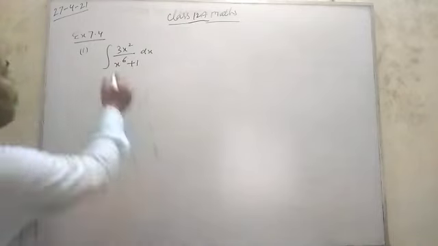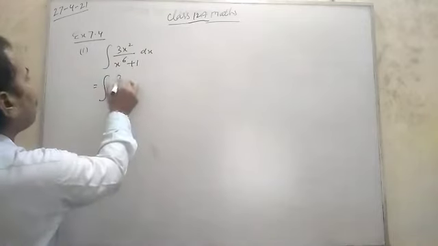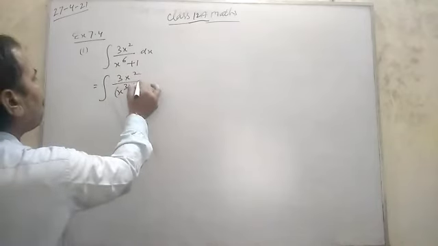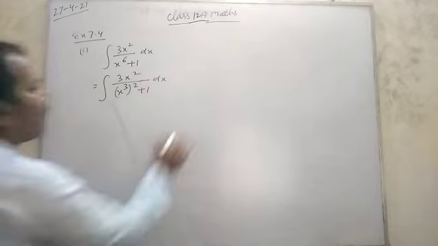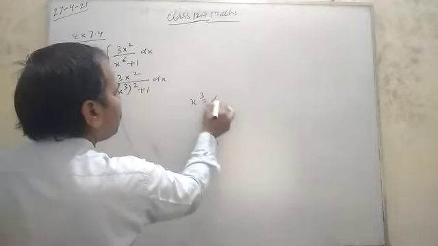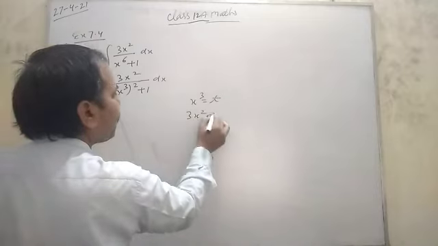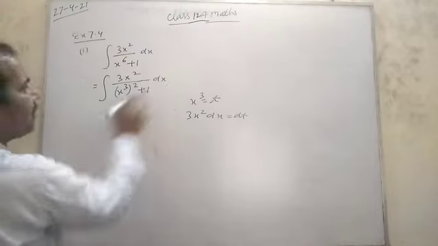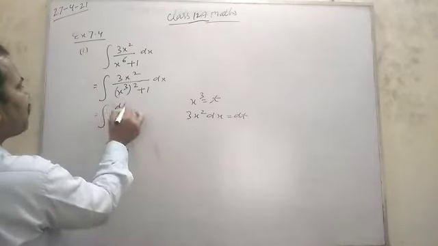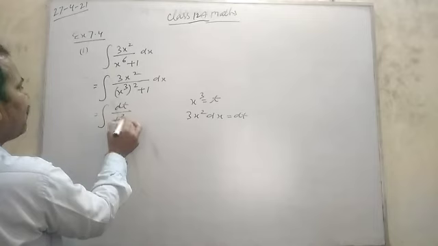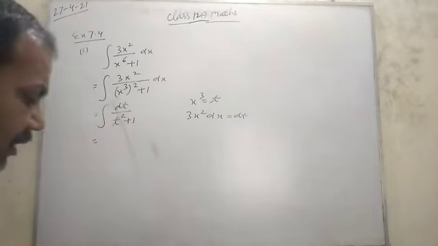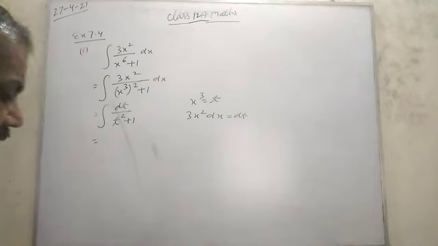Okay, so this is simple, like the previous exercise. We can write it like this, and suppose x cube is t, so the differentiation is 3x square dx equal to dt, and 3x square dx is given there. So in its place, dt upon t square plus 1, then I apply the formula, 1 upon x square plus a square.